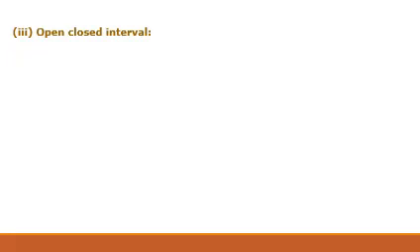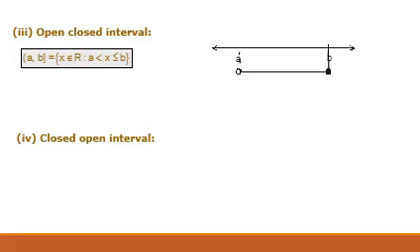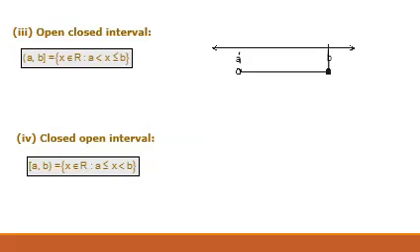And open closed, sometimes you might have an open in one extremity and closed in the other. So as you see, you sketch them in this way. You can draw an open circle, and you can draw a dotted line. But in the case if it's closed, you can draw a complete line. The same thing for the closed open.